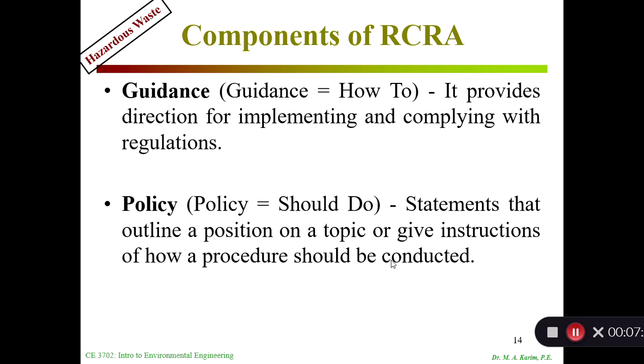Guidance means how-to. It provides the direction for implementing and complying with regulations and policies. A policy is a statement that outlines a position on a topic or gives instructions on how a procedure should be conducted. If somebody violates a policy, they may not be taken into the code, but guidance can be implemented. Guidance can be litigated or things like that.